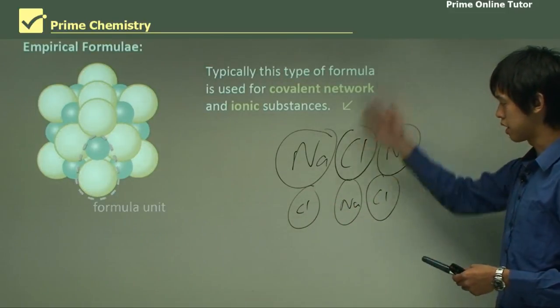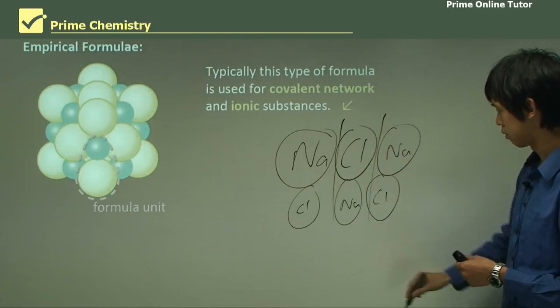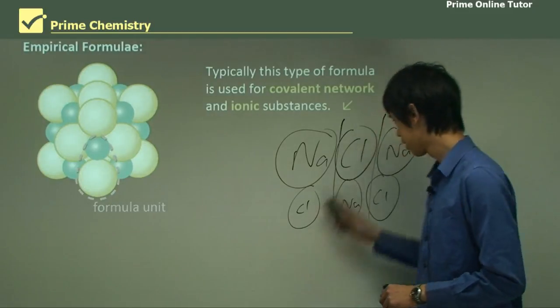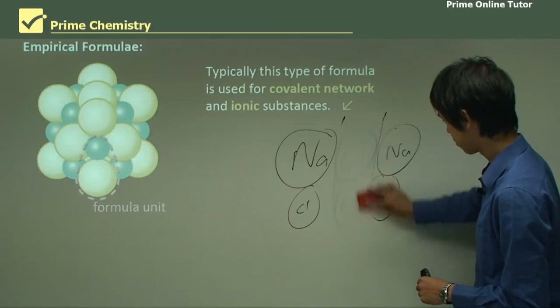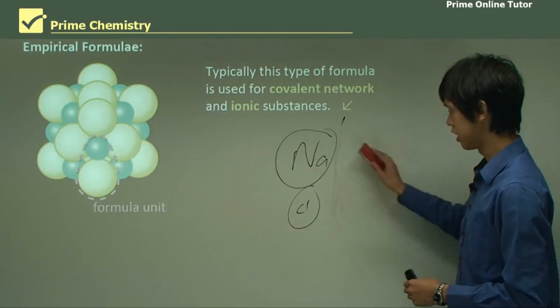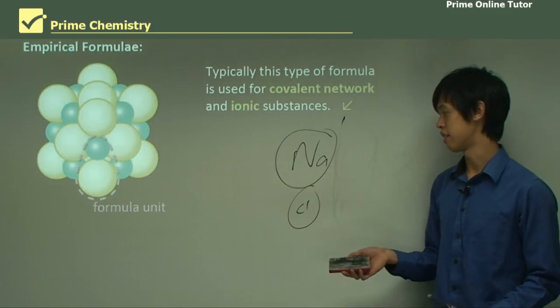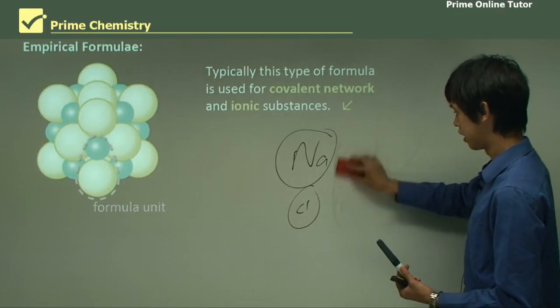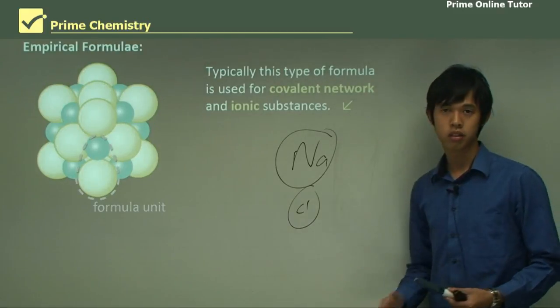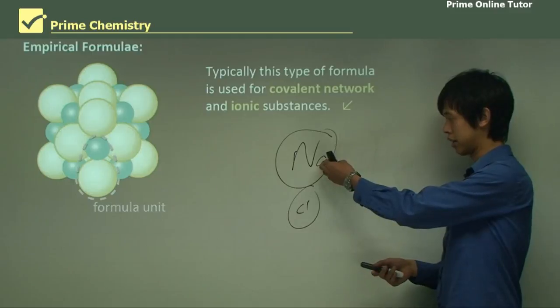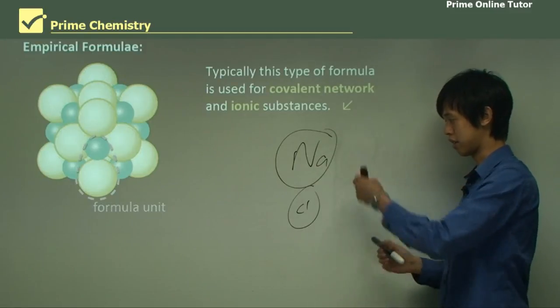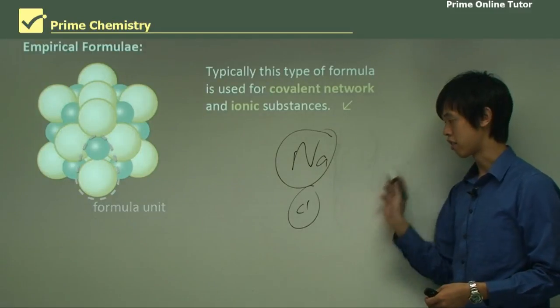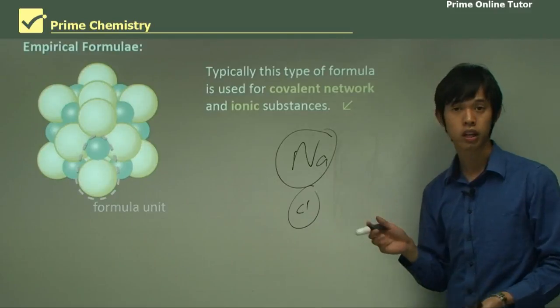If I was to chop it up, say, down here. So I got rid of these guys. This would still behave chemically the same way as the big crystal did. So there's not any real advantage in naming Na3Cl3, because there were 6 total, right?